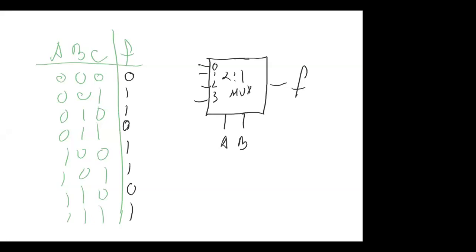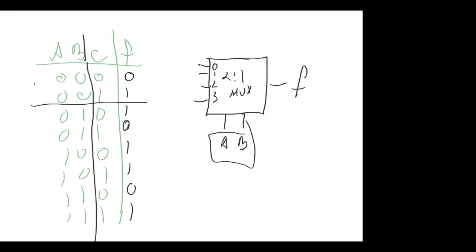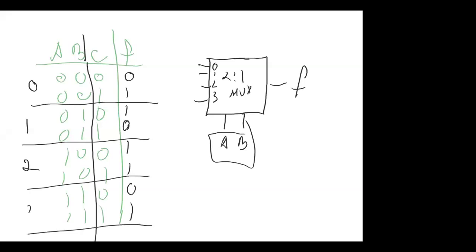Okay, let's do this. I'm going to say that A and B act as little channel selectors. Here's A and B right in through here. And when A and B are 0, you're in this area. When A and B are 0, 1, you're in this area. And when A and B are 1, 0, you're in this area. And when you're down in the bottom, you're in area 3.